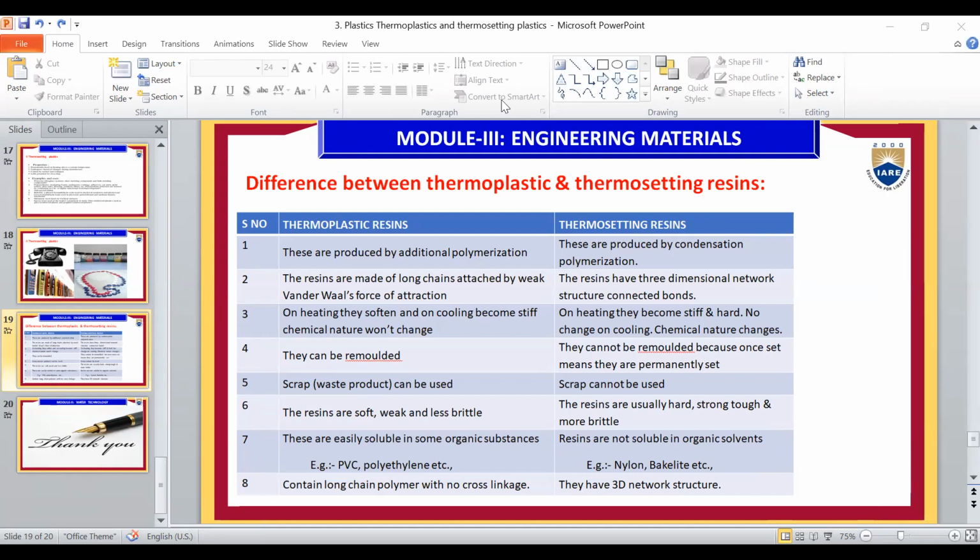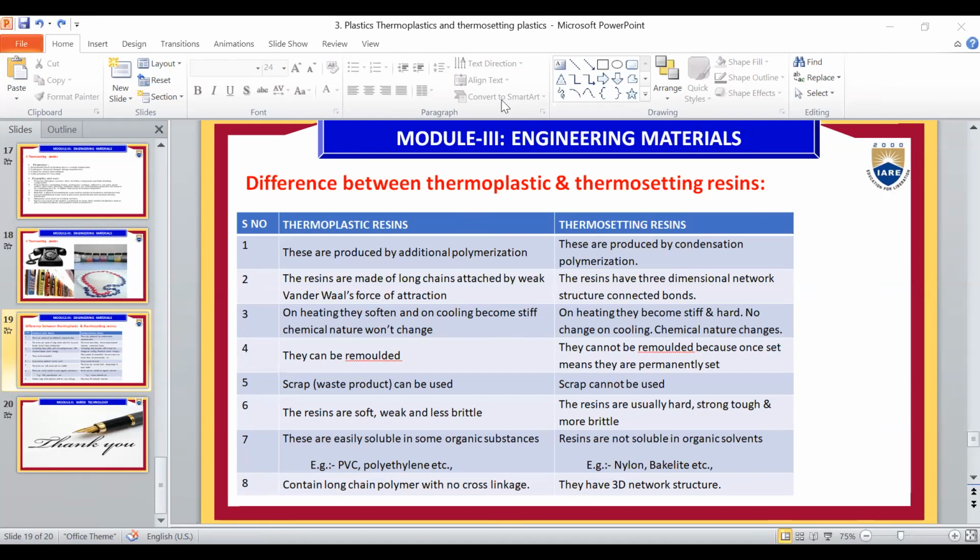Thermoplastic resins can be remolded, and thermosetting resins cannot be remolded because thermoset means they are permanently set. Scrap can be used in thermoplastic resins, and scrap cannot be used in thermosetting.